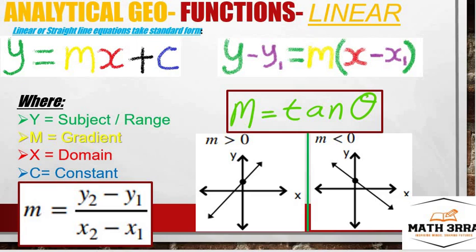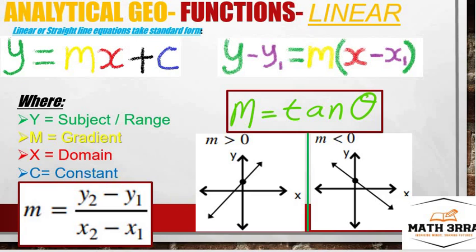The so-called analytical geometry is otherwise referred to as coordinate geometry, right? So in coordinate geometry, this is what we do. We are going to have a series of shapes that are essentially on a Cartesian plane.